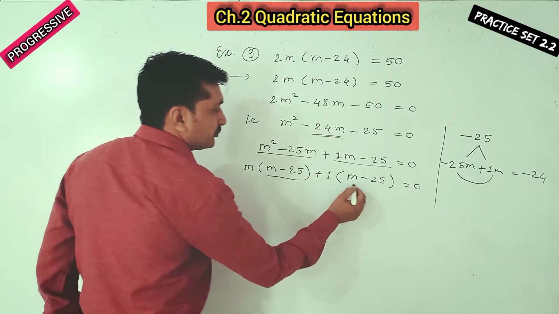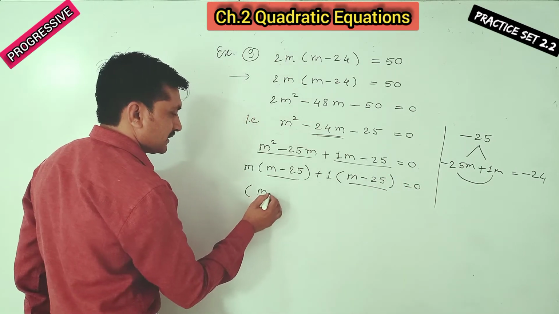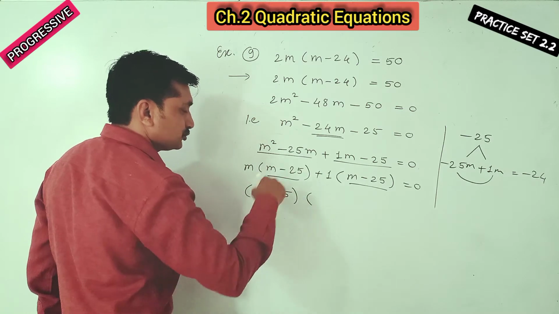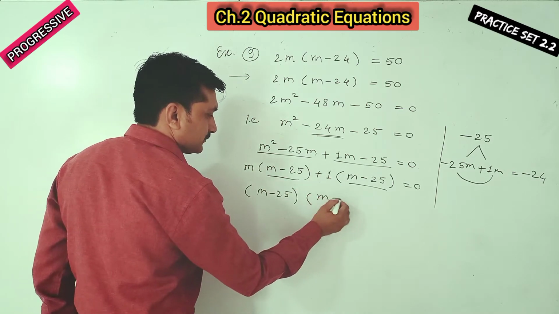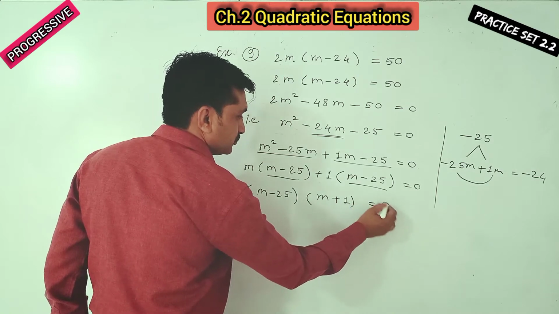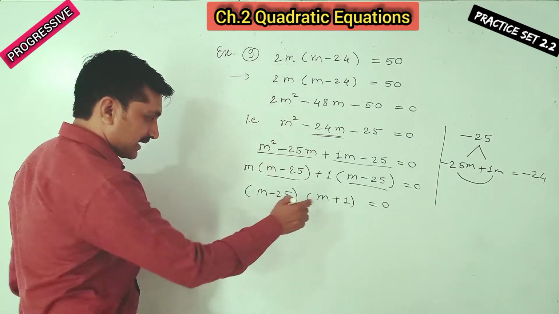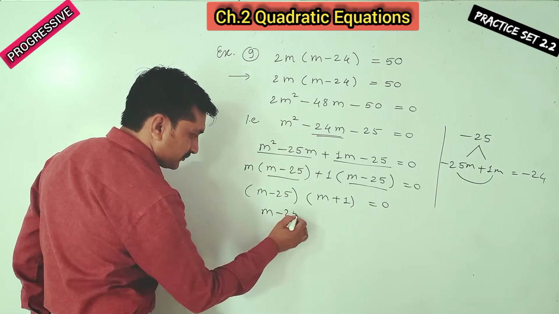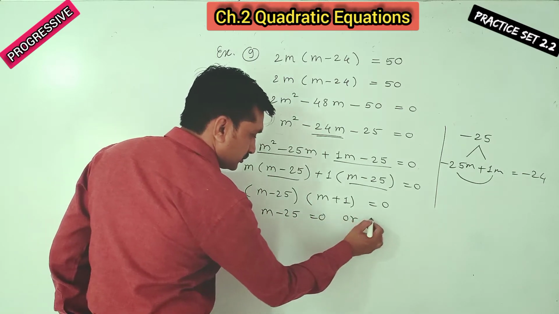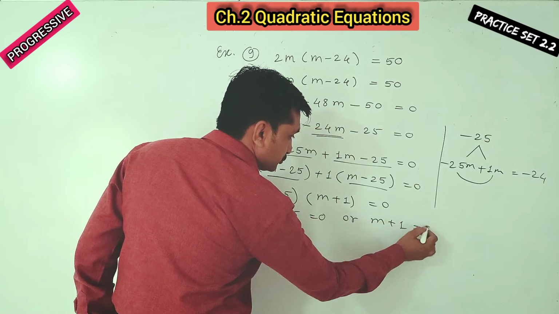Now we get again one bracket common. Therefore m minus 25 is common bracket. Uncommon right in second, m plus 1 is equal to 0. After that, separation of the bracket. M minus 25 is equal to 0 or m plus 1 is equal to 0.